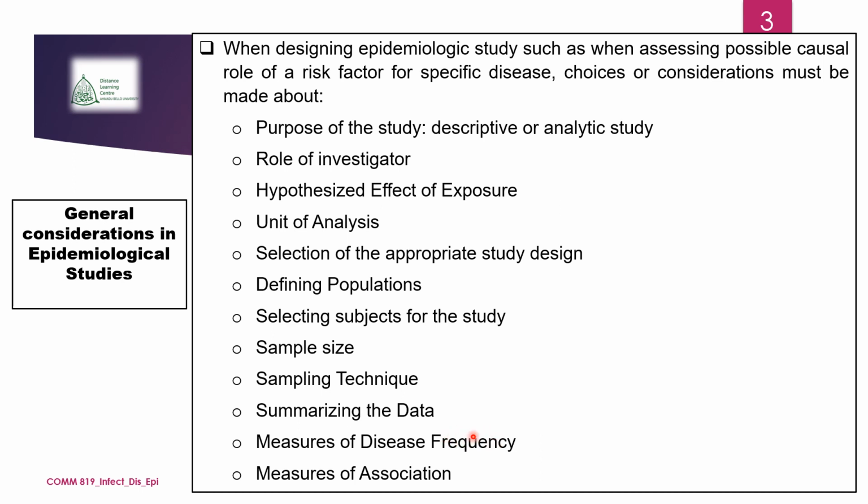What parameters did you collect and how do you go about measuring disease frequency? Then measure of association, and how do you relate the risk factor to the disease outcome. Okay, so all these need to be put into consideration. So how each of these plays a role, we look at them one at a time.